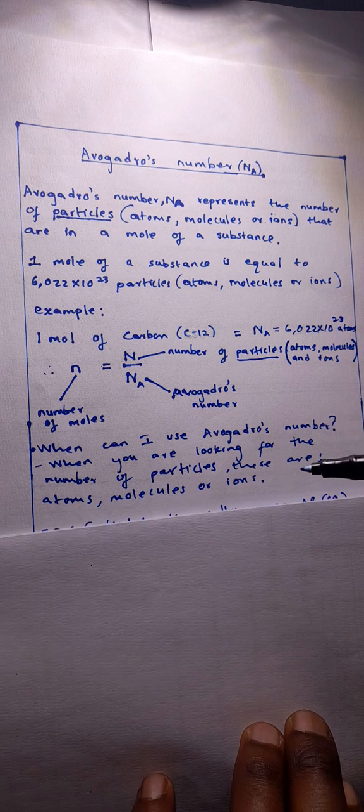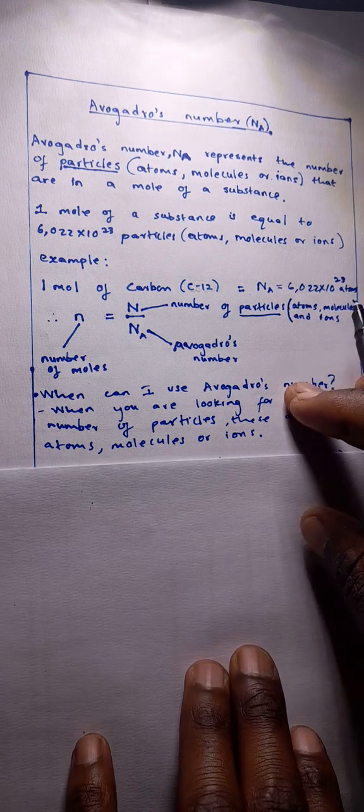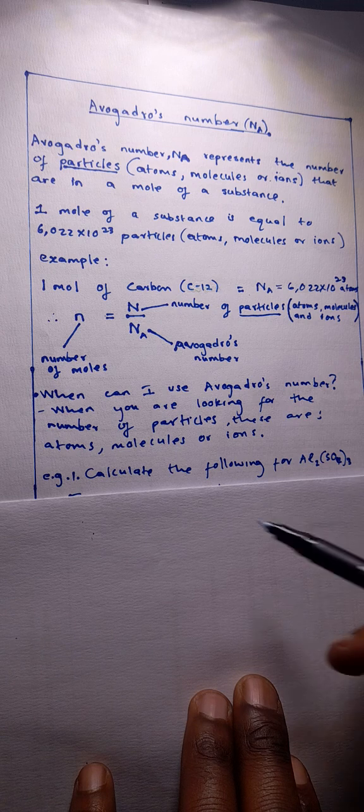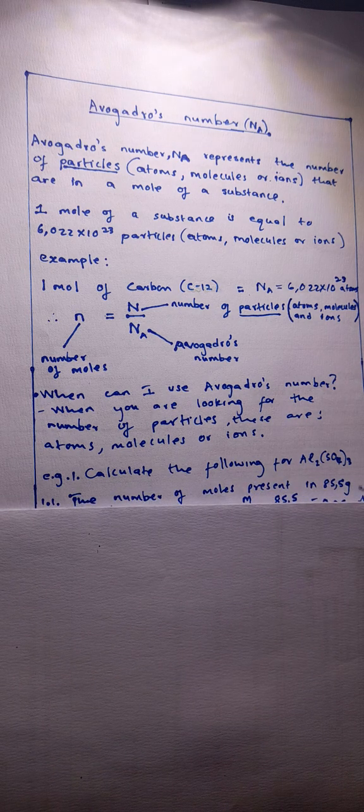So let's look at our first question here, which says calculate the following for aluminum sulfate. I'll remind you again that you can go back to our first videos where you can get how to name the compound.